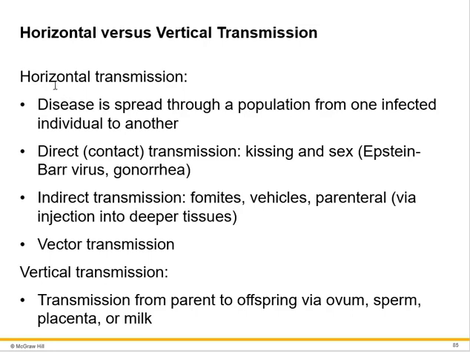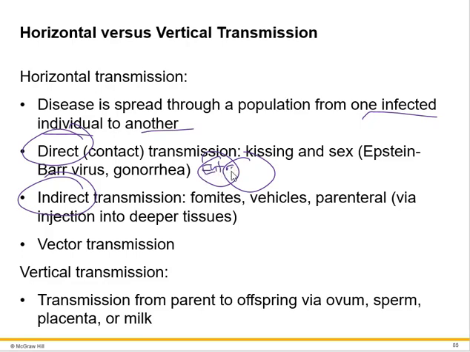So horizontal versus vertical. Horizontal means it's going within a population from one infected individual to another, so person to person. So we have direct versus indirect here. Direct is when portals of entry and portals of exit are overlapping.